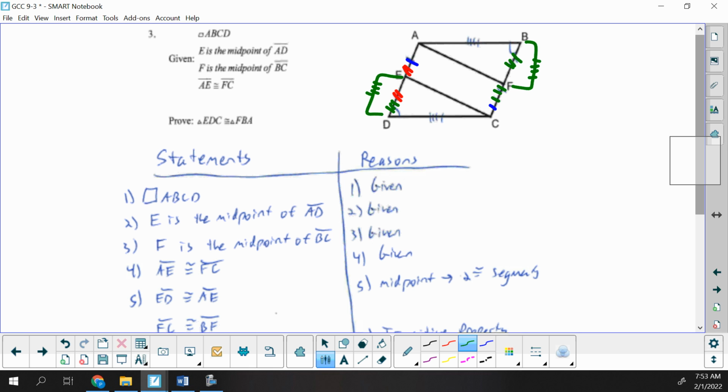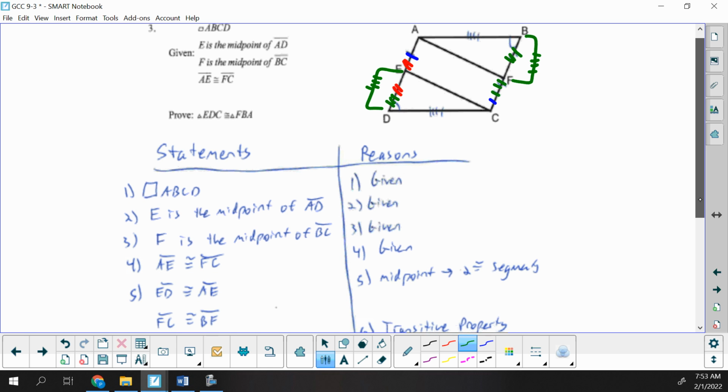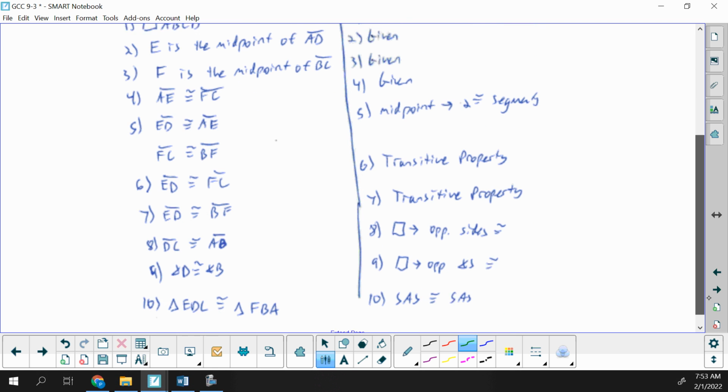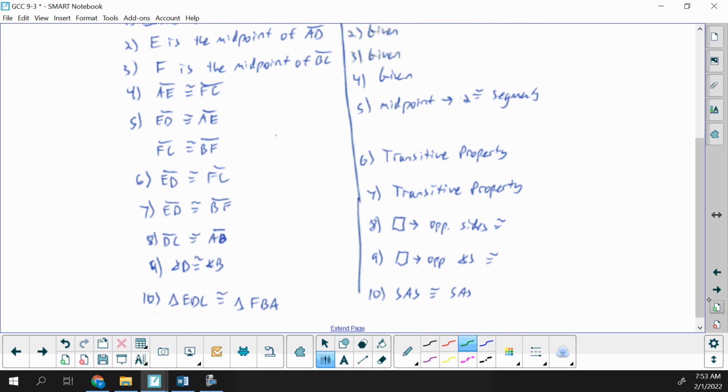Then the other ones we can just do parallelogram implies. To get AB and DC, we do parallelogram implies opposite sides congruent. To get angle B and angle G, you can do parallelogram implies opposite angles congruent. And then you've got side, angle, side, because you've got an angle between 2 sides in your triangles.